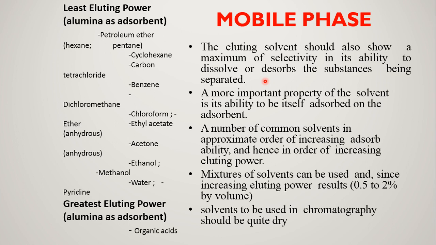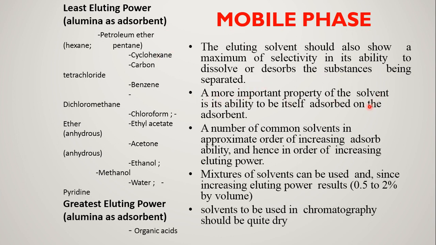Means various sample components should have different solubility inside this solvent system, because in TLC, a type of liquid chromatography, the sample molecules show interaction with the stationary phase as well as with the mobile phase. So the mobile phase in liquid state is also a deciding property of this separation.